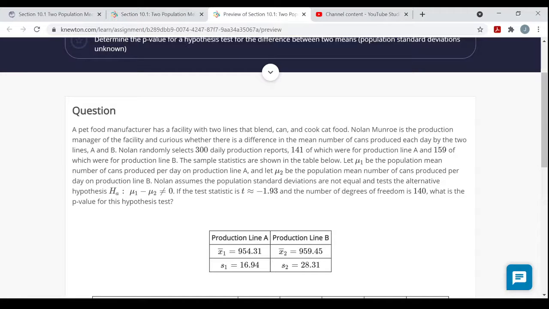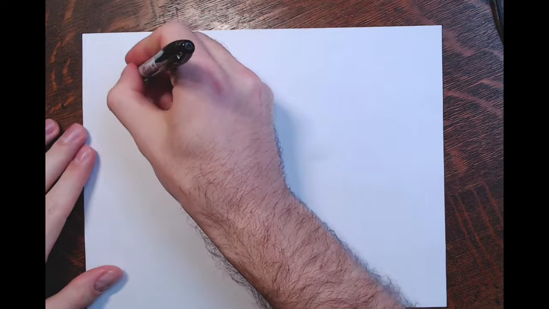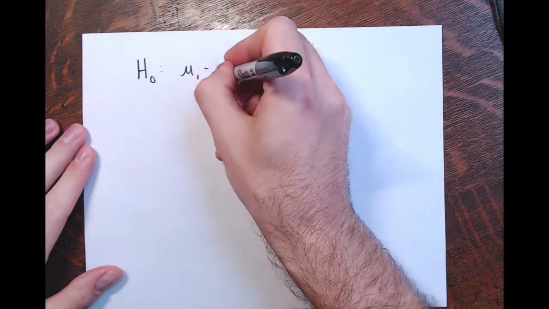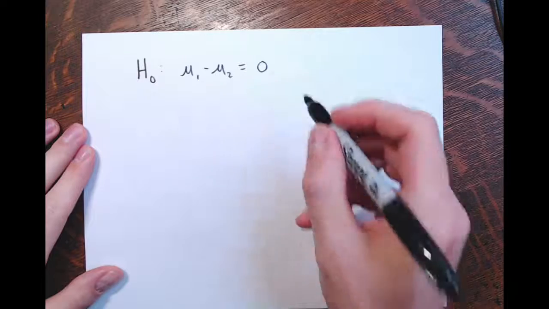Remember, to determine the p-value, I need to know what kind of test it is. Is it a left-tailed test, a right-tailed test, or a two-tailed test? And I need to know my test statistic, which they've given me. The null hypothesis would be that mu1 minus mu2 equals 0; you'd be assuming that.